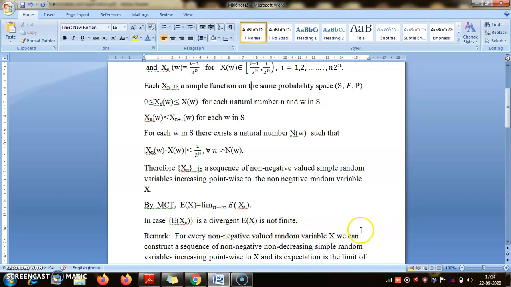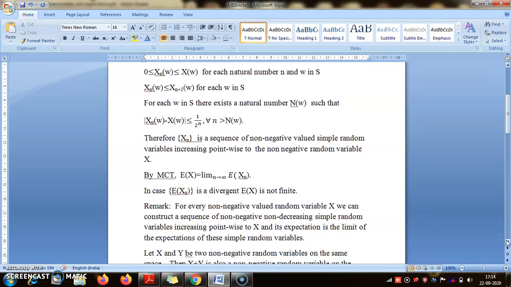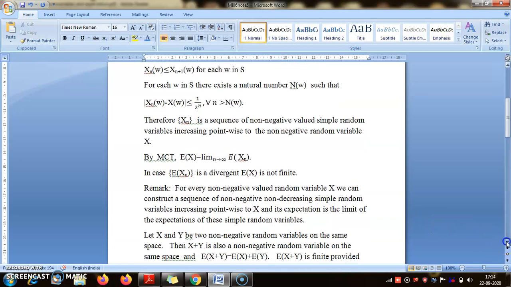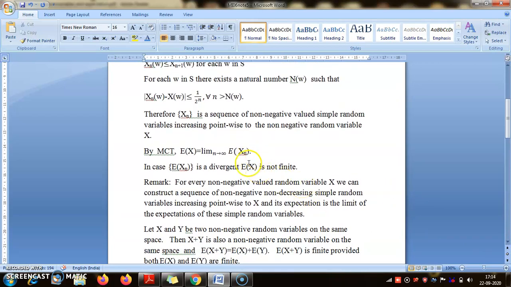So for any non-negative random variable, you have two cases: either it has a finite mean, or the expectation of x is not finite. But in any case, you can always think of the expectation of x as the limit of expectation of xn's, where xn's are a sequence of non-negative simple random variables that you construct using x. So this is the second definition really of expectation.